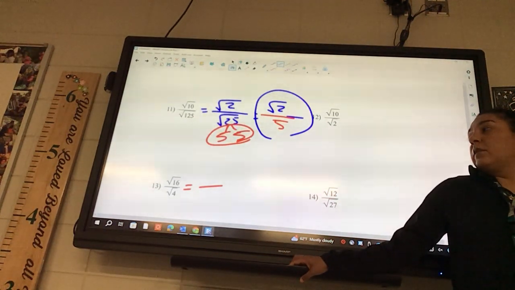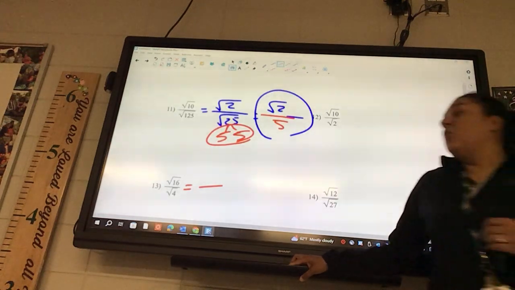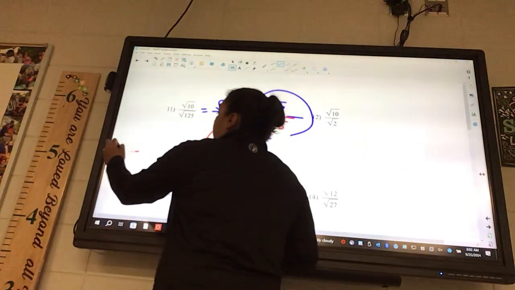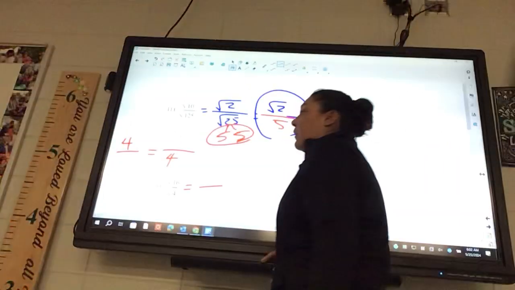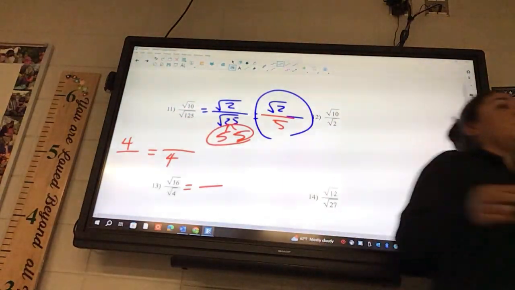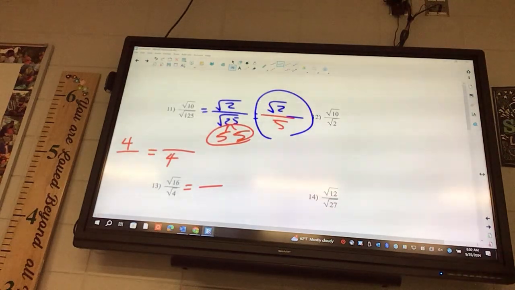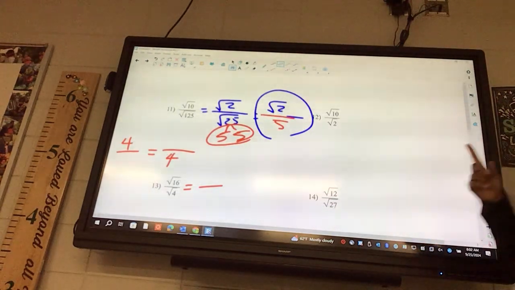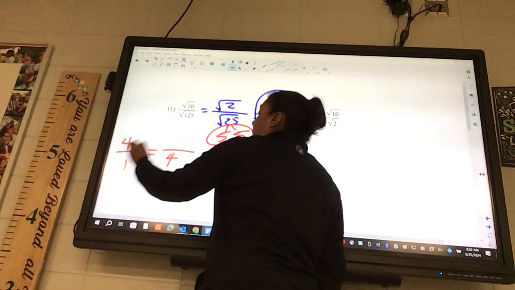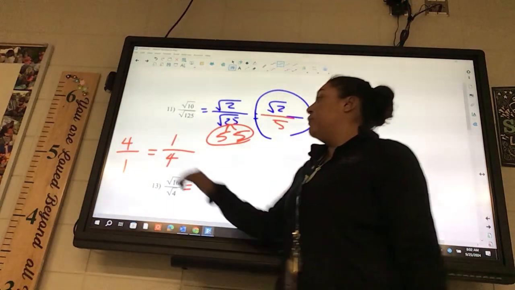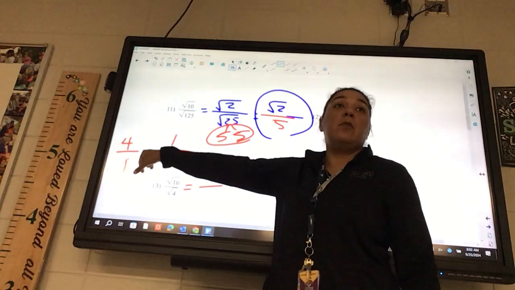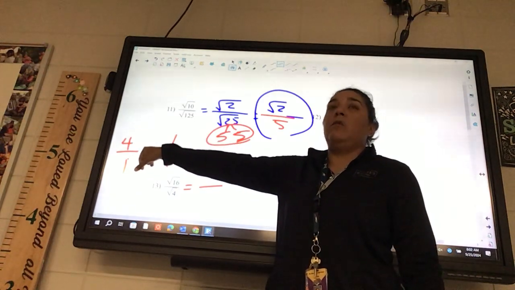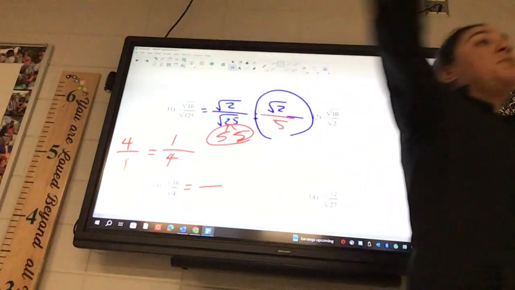Okay, so here's our options. Either put the 4 here or put the 4 here. Well, what do you do if there's no number somewhere? What number goes there? A 1 goes there, not a 0. So which one of these is equivalent to a 4? What is 4 divided by 1? 4. What is 1 divided by 4? Well, that doesn't make sense because that's not an option.